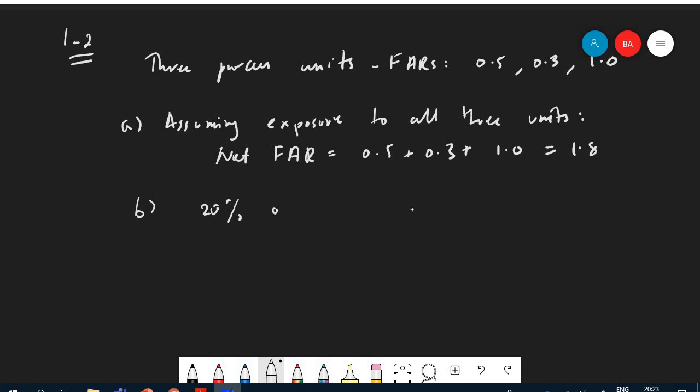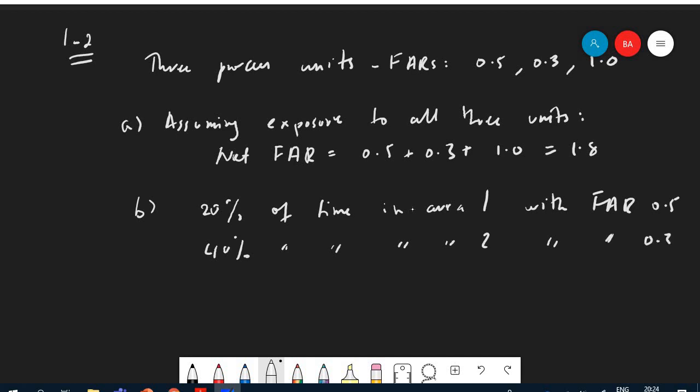Since we have 20% of time in area 1, and that was with the FAR of 0.5, and the second one we had 40% of time in area 2 with FAR of 0.3, and the third one was 40% as well of time in area 3 with FAR of 1.0.